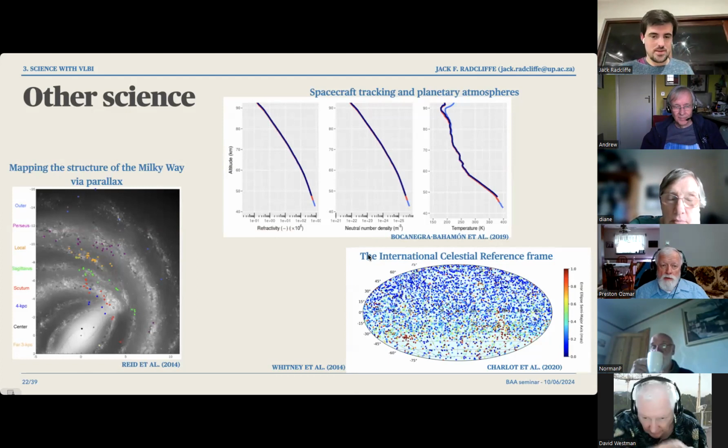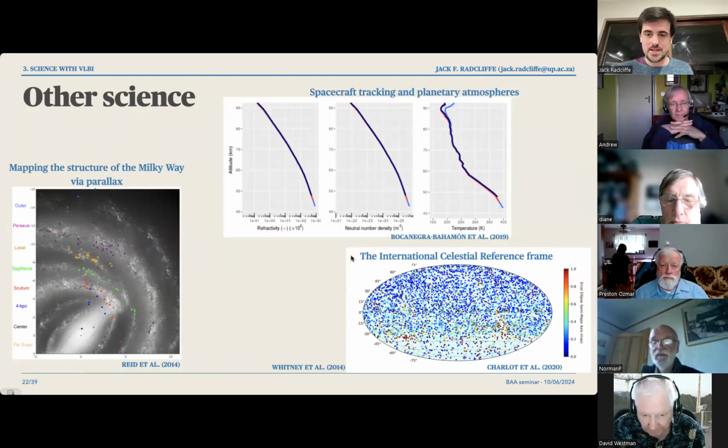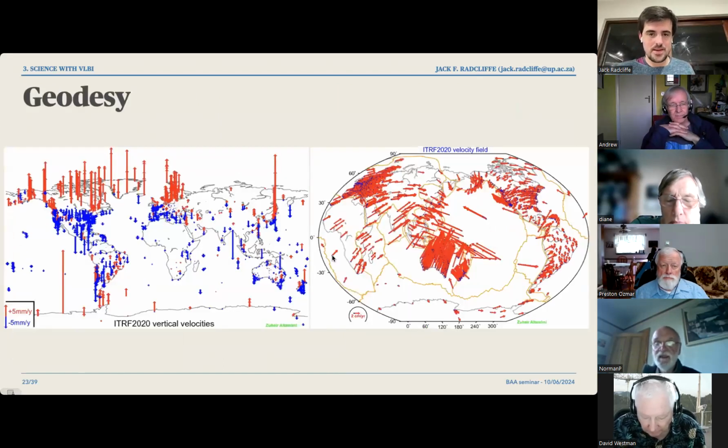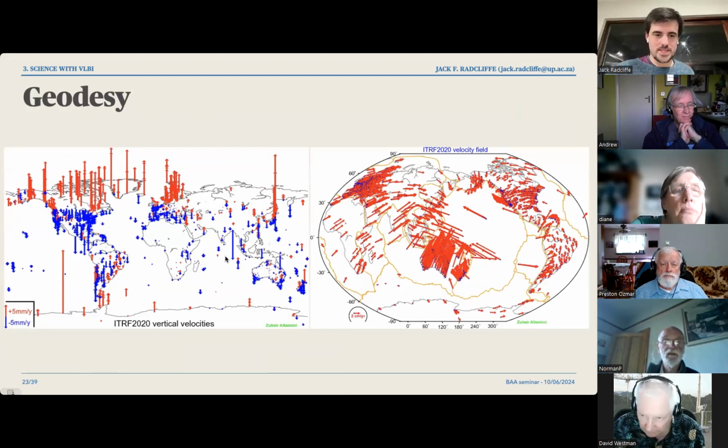And of course, because of the extremely high angular resolution, VLBI can, as always, set the International Celestial Reference Frame. And we can do geodesy with this. So we can follow plate tectonics using VLBI stations and work out how the plates are moving up and down over time.